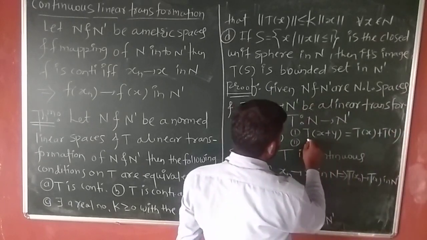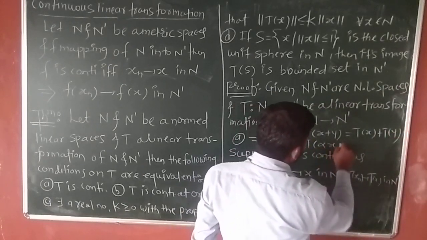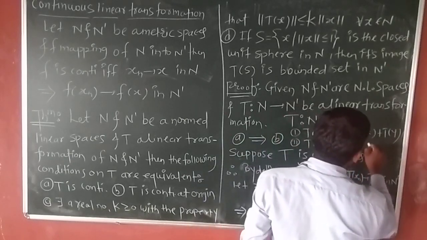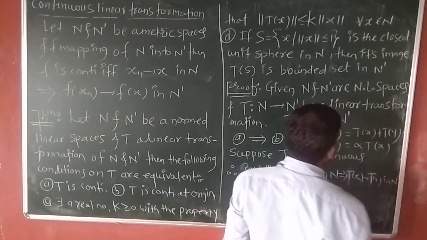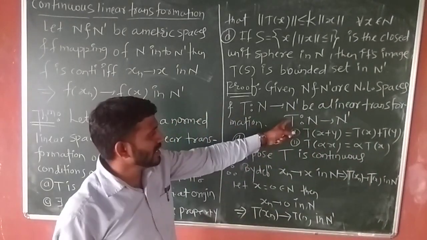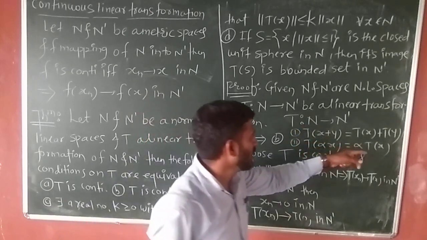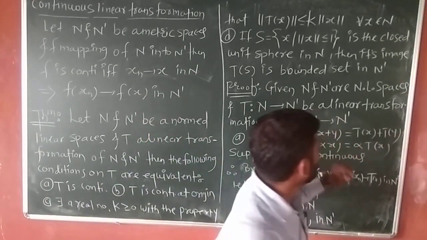The second property: T of alpha x is equal to alpha into T of x. If T satisfies these two properties, then T is said to be a linear transformation, where x, y belong to N.